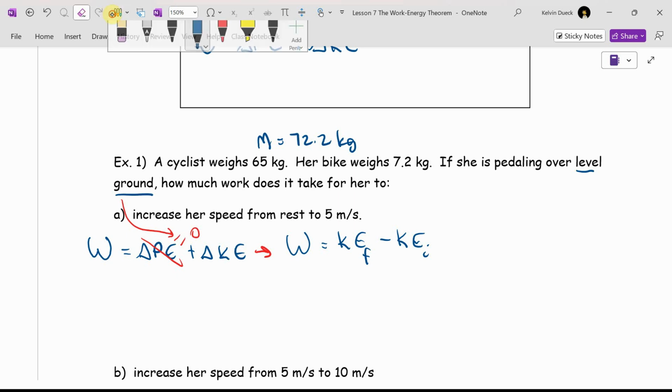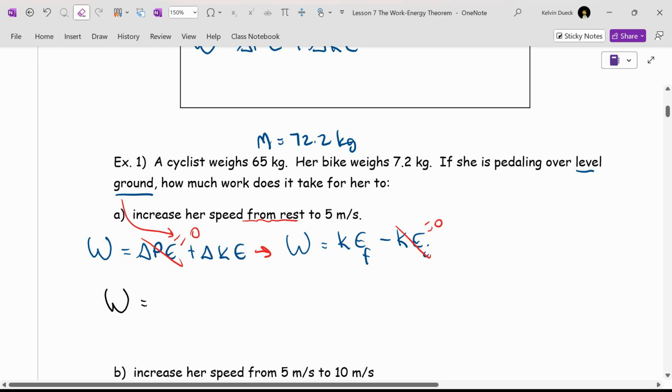Massimo, why can I do that? Yay. So you'll notice I can find how much work was done, how much energy was poured into this system without a force or a distance.